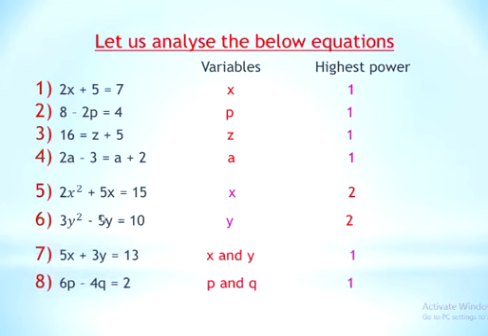Let us take another example. 5x plus 3y is equal to 13. Here the variables are x and y. Both are variables, but the highest power for both is 1. 6p minus 4q is equal to 2. Here also there are two variables, p and q, and the highest power is 1.